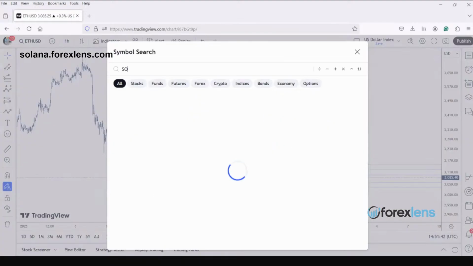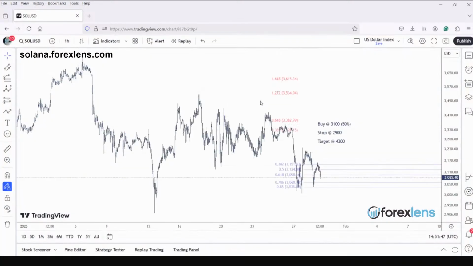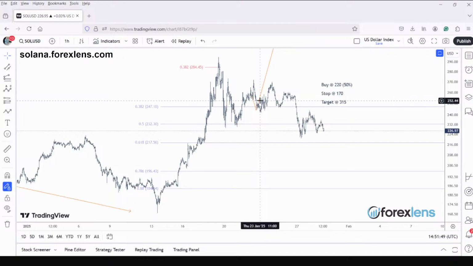And next is Solana. Well, we are expecting this to happen, and it's good that we didn't come in on the long side earlier on. So allow prices to come back towards 220 and buy 50% capacity with a stop at 117, target 315. No change there.